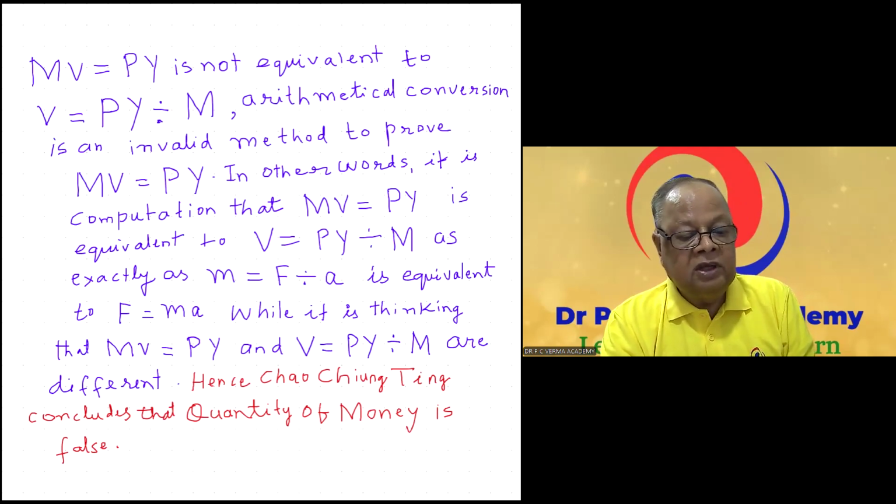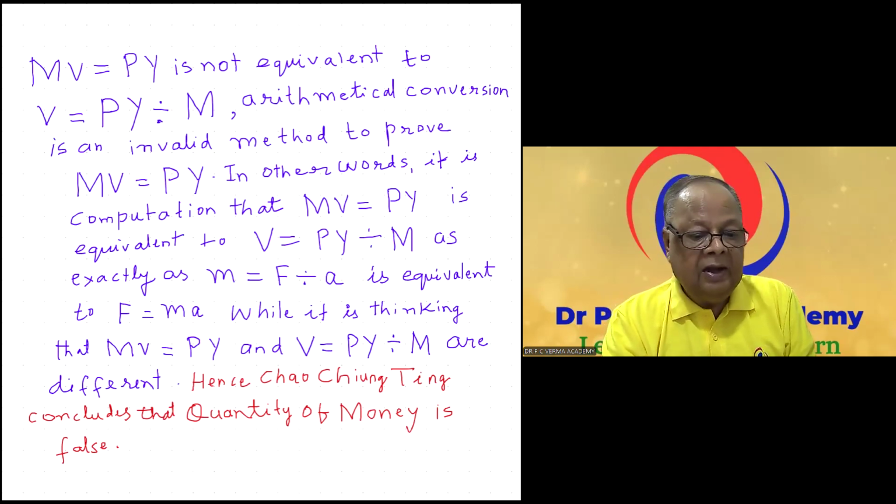So it is his version that MB is equal to PY, and from that, P is equal to PY divided by M, are two different things. And he has tried to prove that the method used to prove MB is equal to PY by Fisher is invalid.